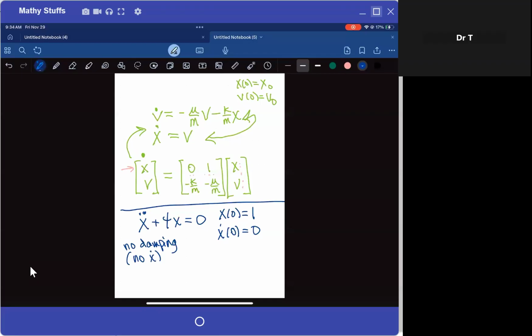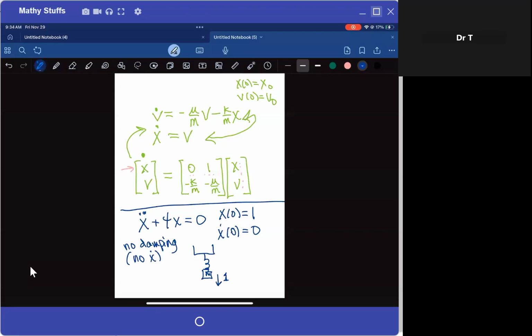And I have no initial velocity. So I've taken my mass spring system, which hangs like this, there's m, and I've pulled it down 1 unit.